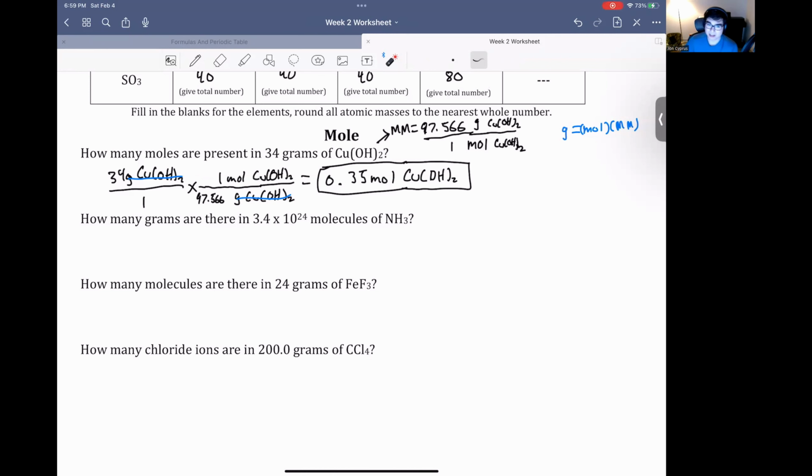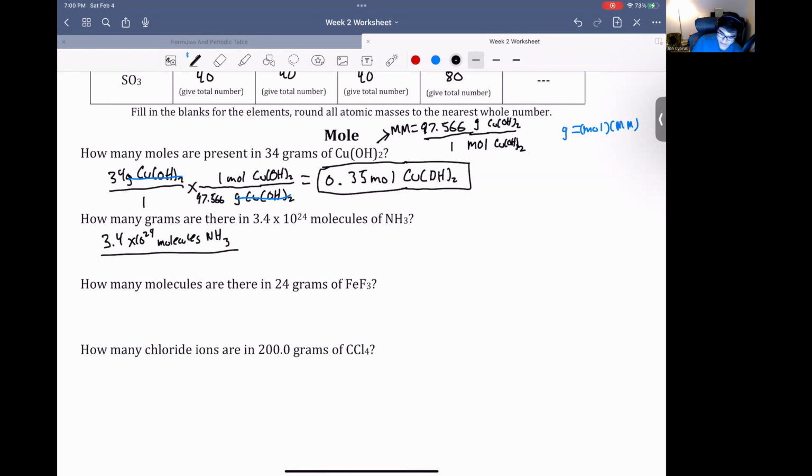Okay, so it says how many grams are there in 3.4 times 10 to the 24th molecules of NH3. So first we're going to start with 3.4 times 10 to the 24th molecules of NH3.